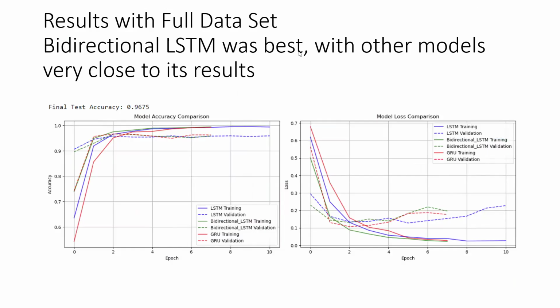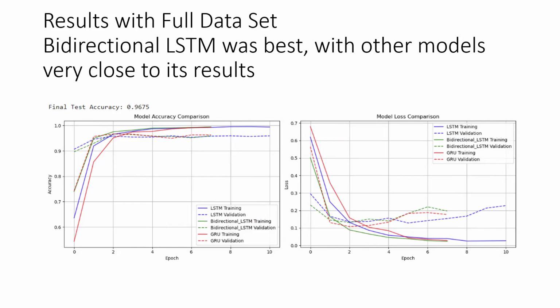All right, so here are my results once I created my models and ran them. Comparing the 3 models in this particular run, bidirectional LSTM came out best. Basically what these diagrams are showing, if we look at the diagram on the left, I've got LSTM training and validation in blue, with the solid line being training and the dashed line being validation.